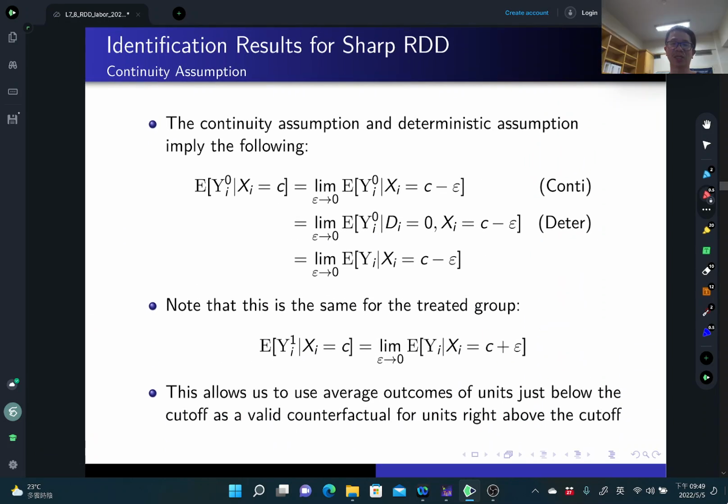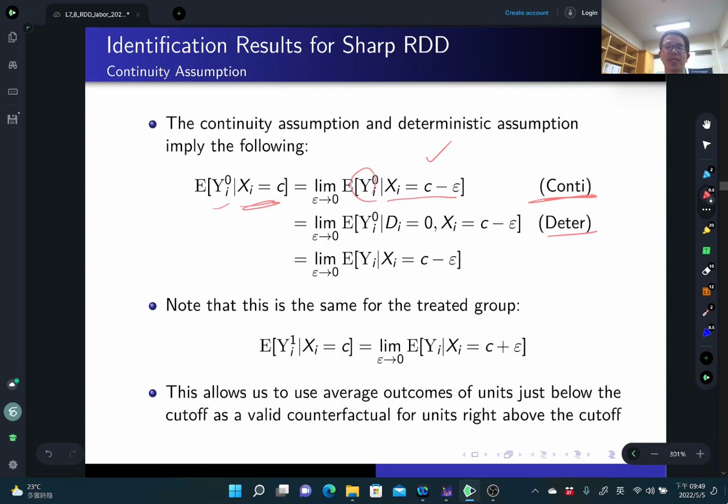This works because of the continuity assumption: Y0 at the cutoff is the same as the people's Y0 below the cutoff.